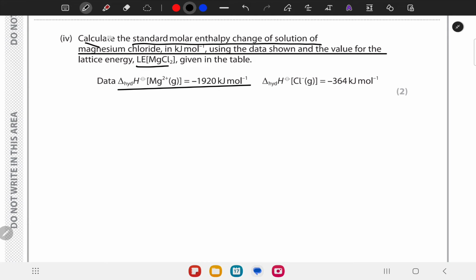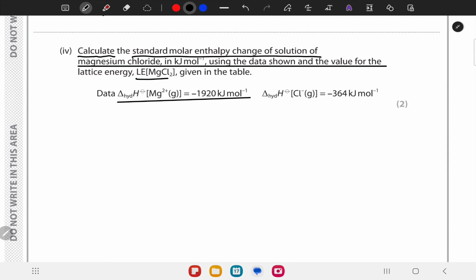We have to calculate the standard molar enthalpy change. So for the molar enthalpy change of solution, we have to use a Hess cycle over here. If we draw the Hess cycle for this, we'll have Mg2+ and 2Cl- gas. This will form MgCl2 solid. So this is the lattice energy.